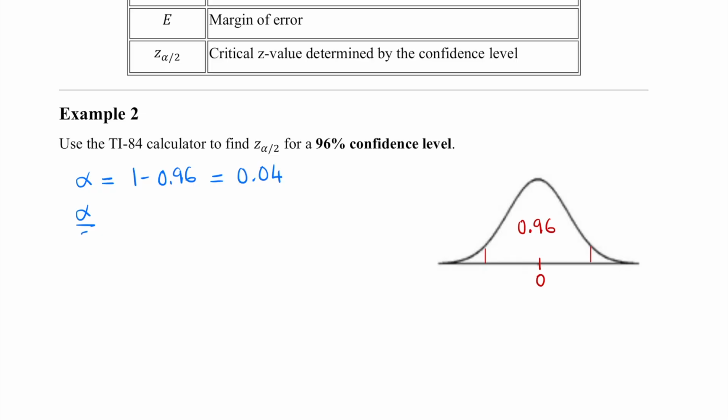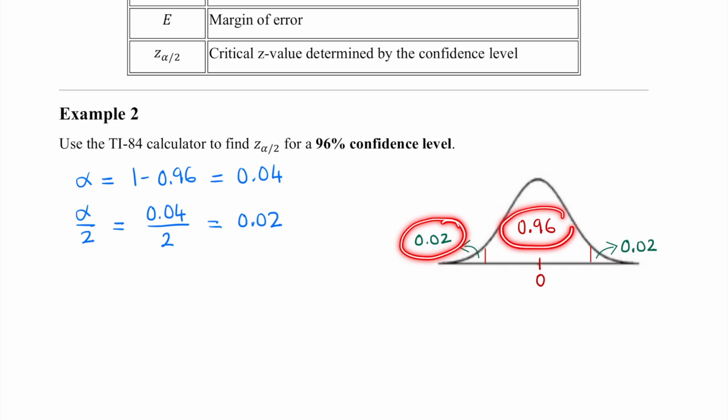So alpha over 2 is 0.04 over 2, which is 0.02. So this tail is 0.02, and this tail is also 0.02. So if I take 0.02 plus 0.96 plus 0.02, I get 1, which is 100%.